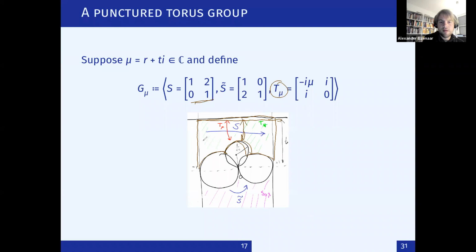S translates this vertical line to this vertical line, and S tilde translates, okay, it's not really a Euclidean translation, but in hyperbolic space this is acting as a translation. It moves this arc to this arc, so that's S tilde. In fact, S tilde is moving this entire circle to this circle, like this. And so we glue this line to this line. Let me unwrap this so I lose the geometry, but we get a better picture.